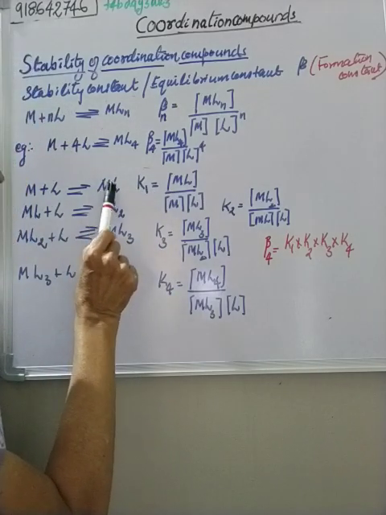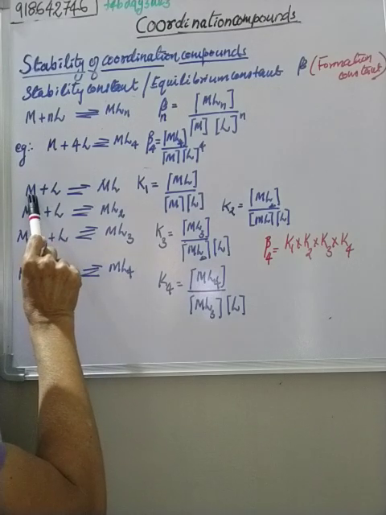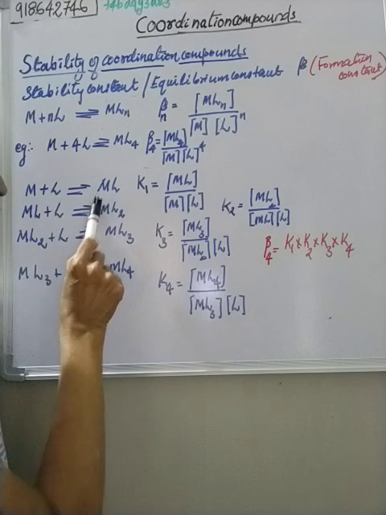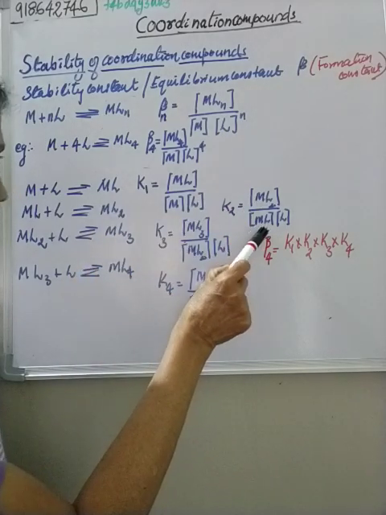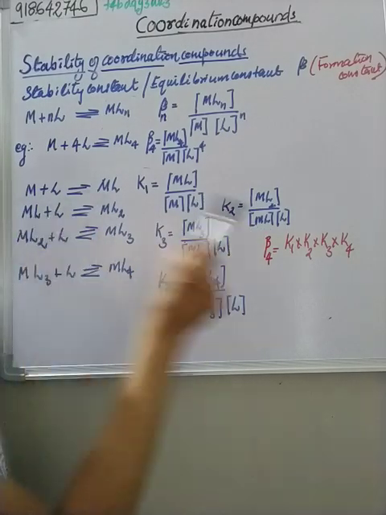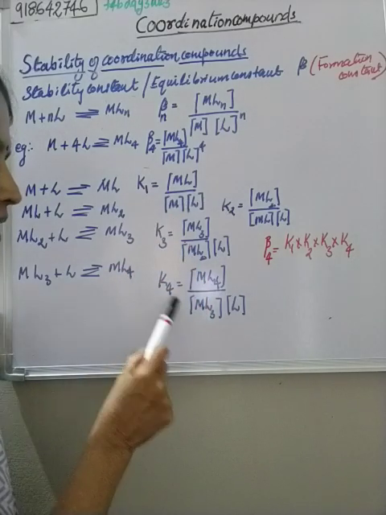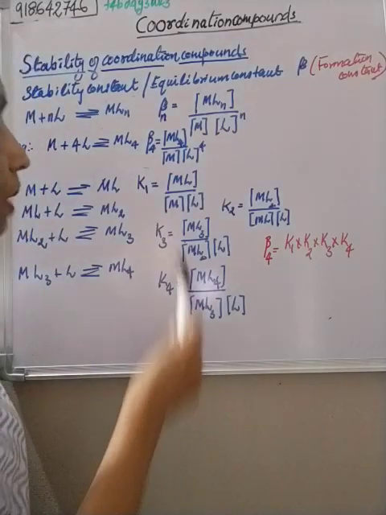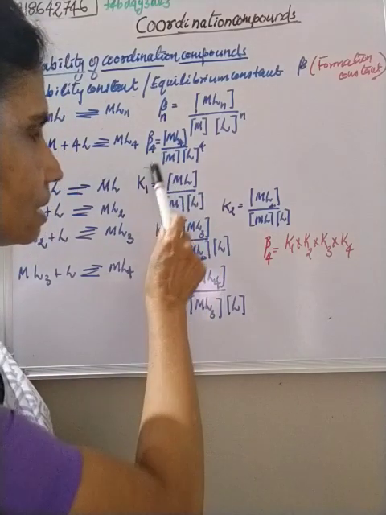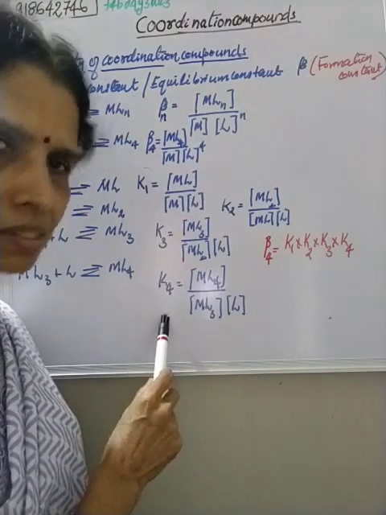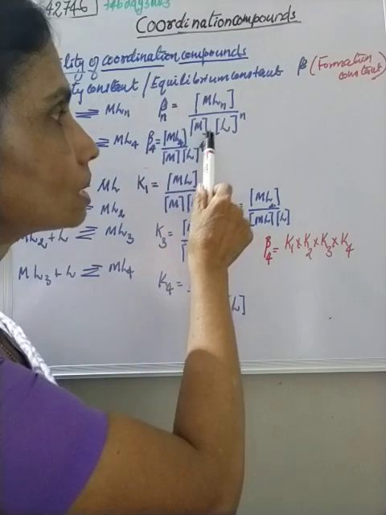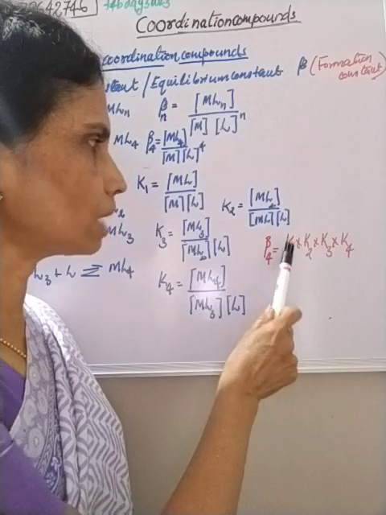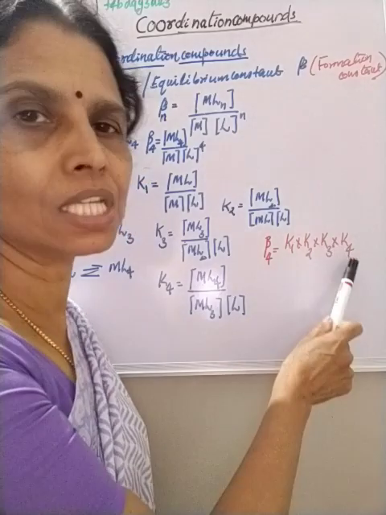K1 is the concentration of ML divided by the concentration of M into the concentration of L. Then K2 is the concentration of ML2 divided by the product of the concentration of ML and L. This way we can write all the 4 stepwise stability constants. And if you look, you will find the relationship between the stepwise stability constants and the overall stability constant beta 4, which is equal to K1 into K2 into K3 into K4.